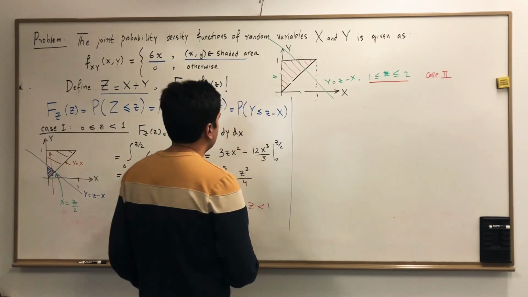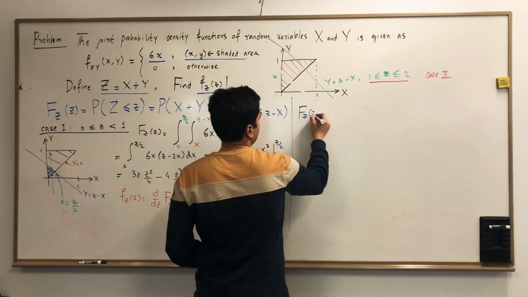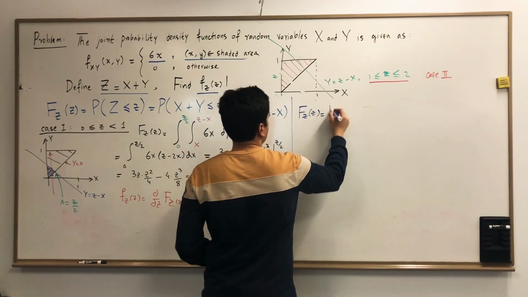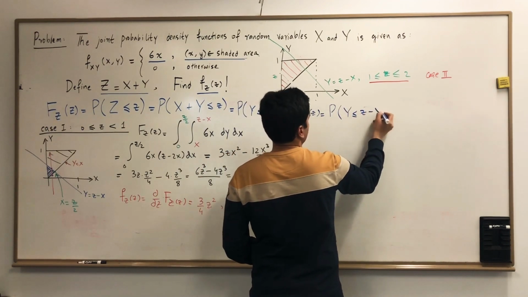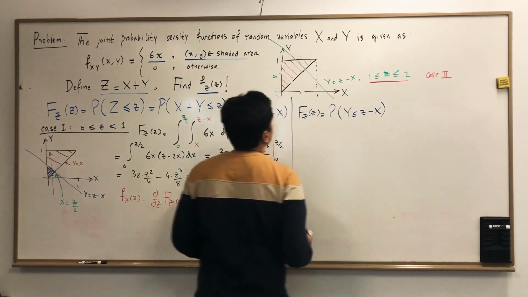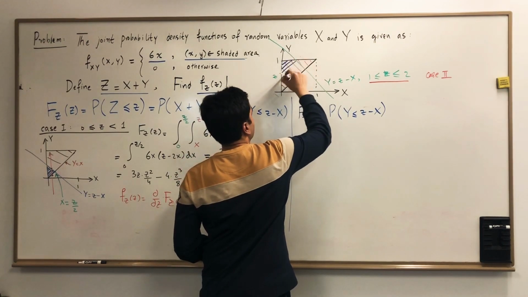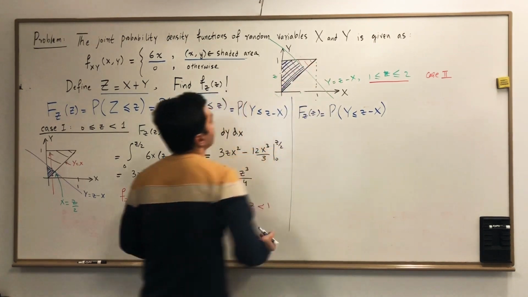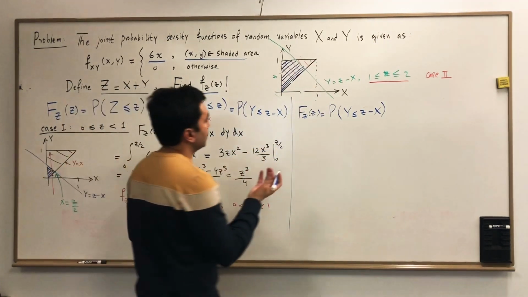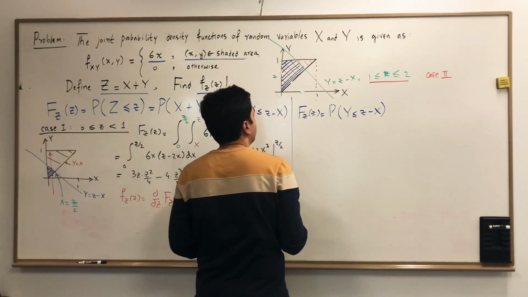So for this case, F_Z of z, which was the probability that y is smaller than z minus x, means we need to integrate over this region here. But notice that this region here is not triangular, so it's harder to integrate over this region.